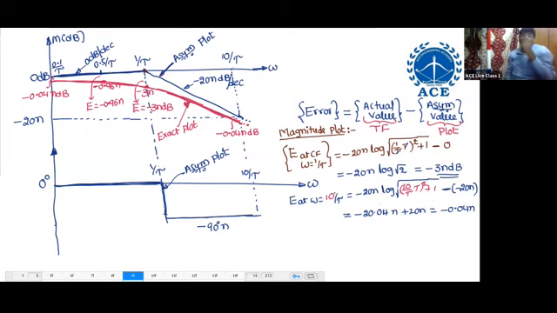I drew it only to help understanding. For the exam, what is required is only the calculation of error. In rare cases they ask for the errors, like what is the error at 1 by tau, or what is the error at 0.5 by tau. So for that only, I discussed how to calculate the error in the magnitude plot.